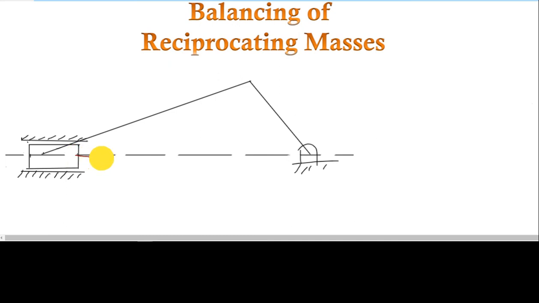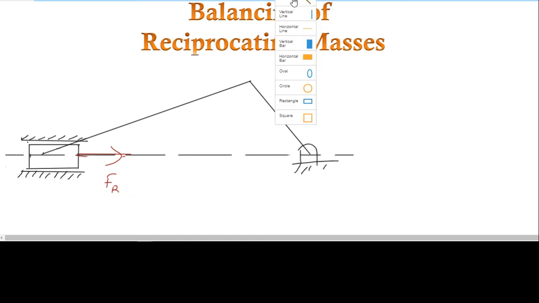Fr. Let it be acting in this direction, and that is Fr, R for reaction, and there will be an equal and opposite inertia of that reciprocating piston acting in the opposite direction. That we can take as Fi.